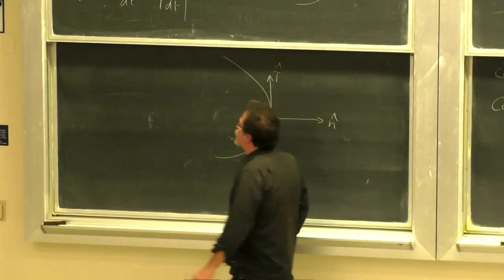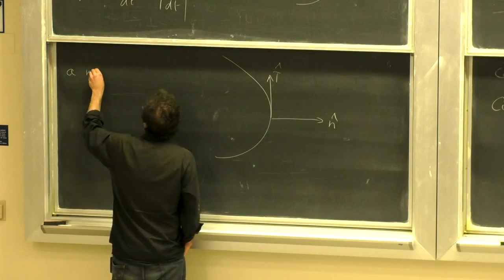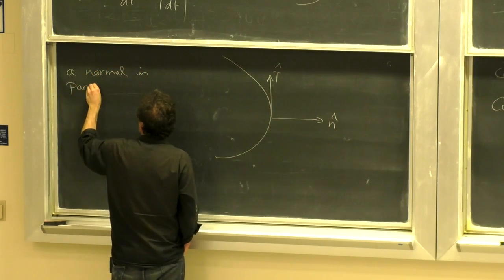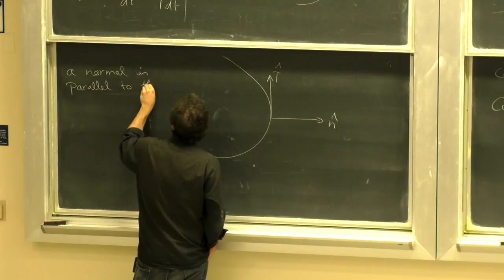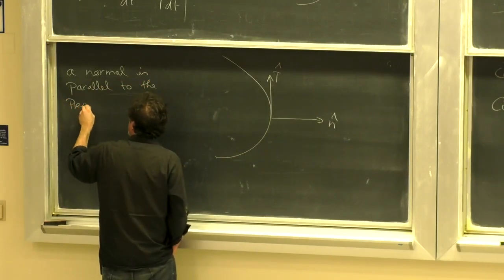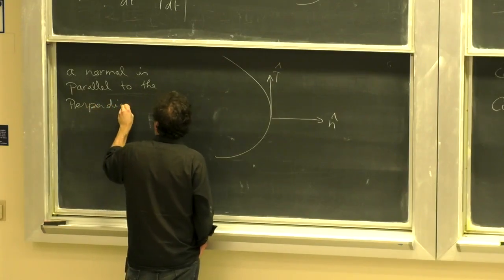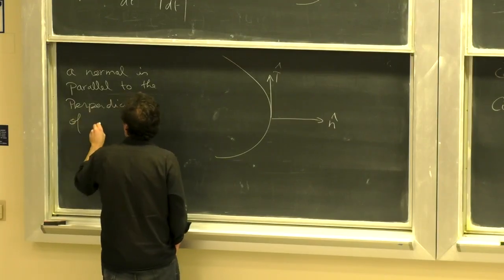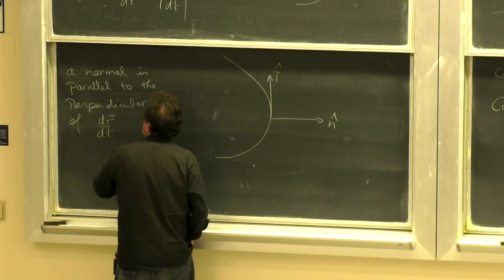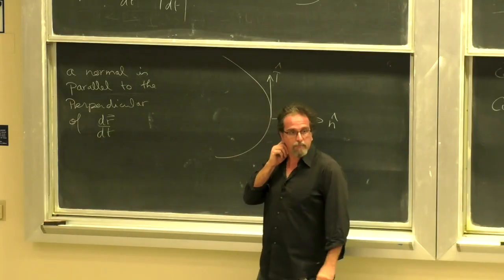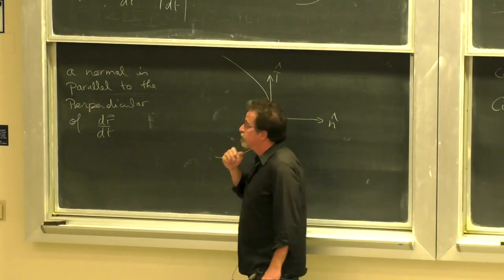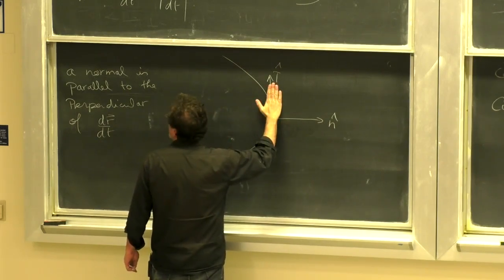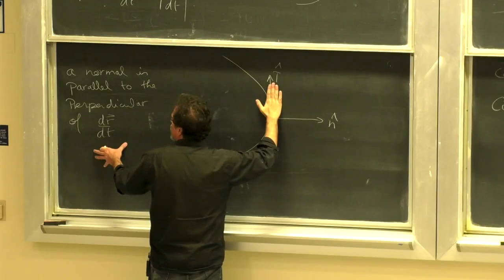So in order to construct a normal, it is parallel to the perpendicular of dr dt.